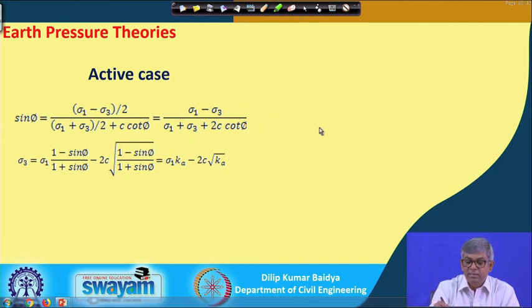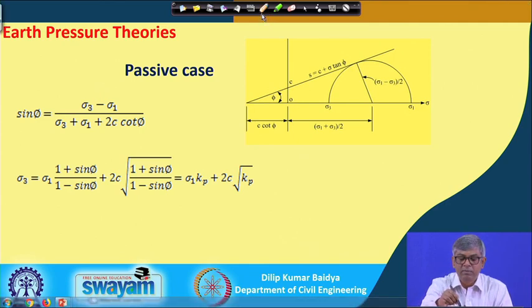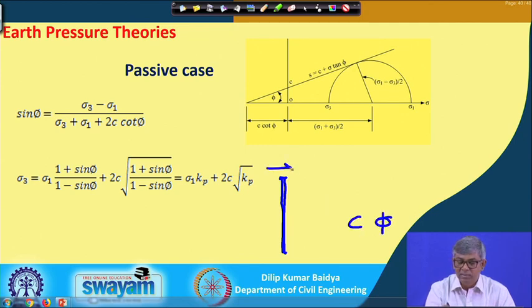Similarly, if I take the passive case, it will be similar; in fact, it will be the reverse of the active case. If the wall is somewhere here, retaining C phi soil, and the wall moves in this direction, then initially at some depth there will be some stress. In terms of our understanding, this must be sigma 1, because that is the known vertical stress.